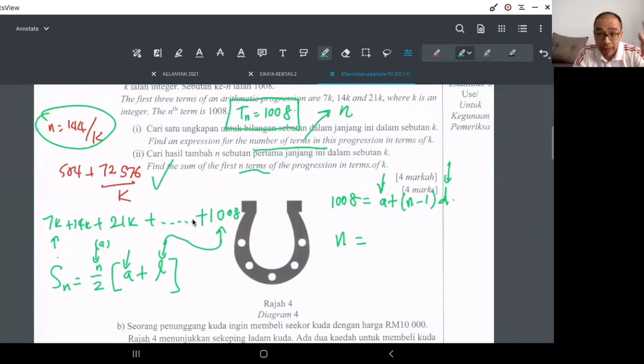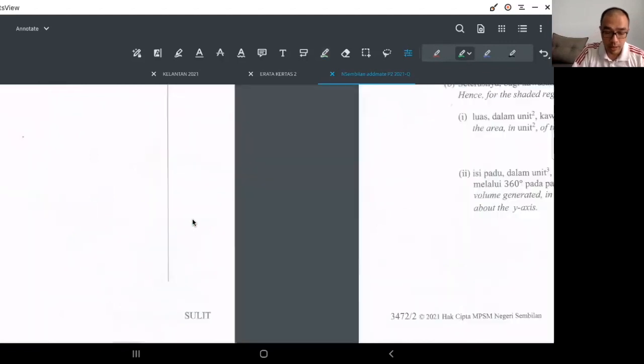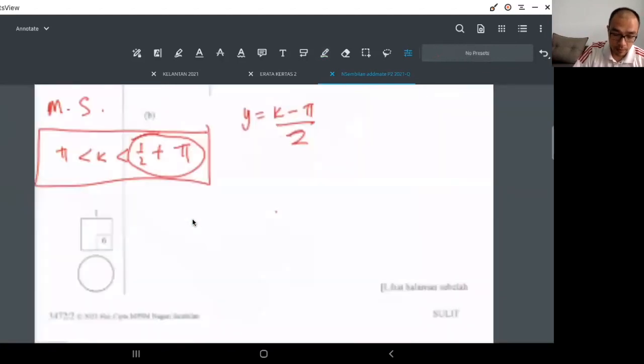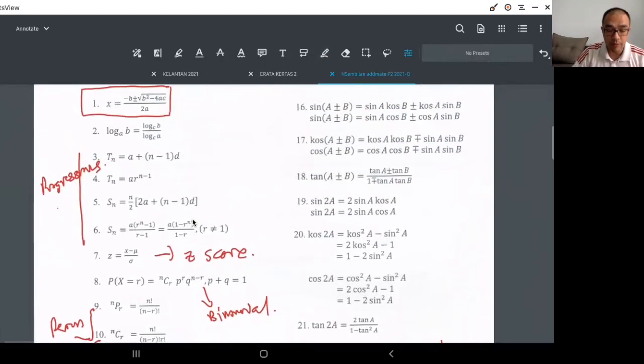But this formula is not given. Let me remind you, this formula with the first and the last term is not given. If I'm not mistaken, they only give the normal ones. They don't give you Sn equals n over 2 (a plus l), first and last.